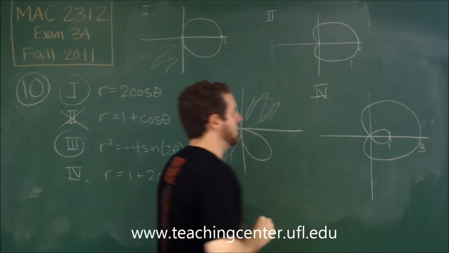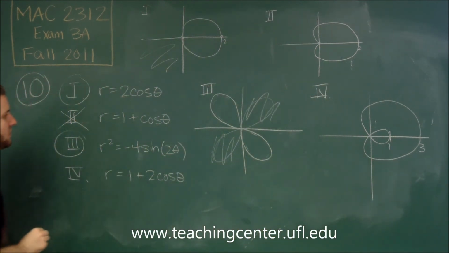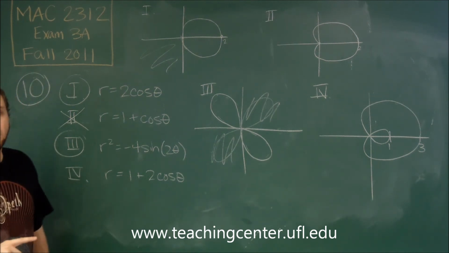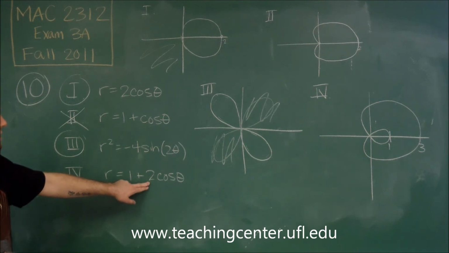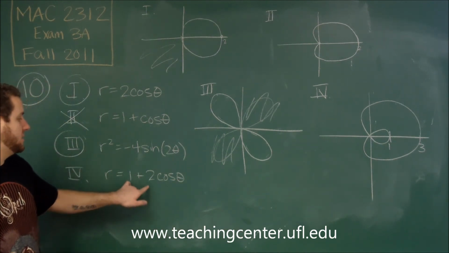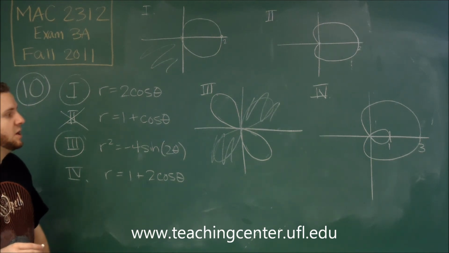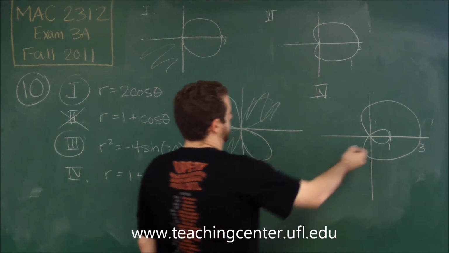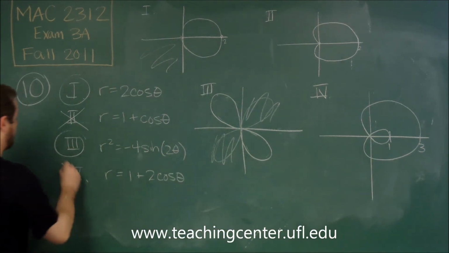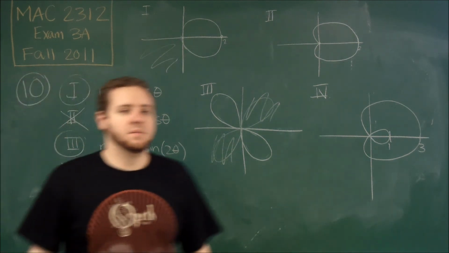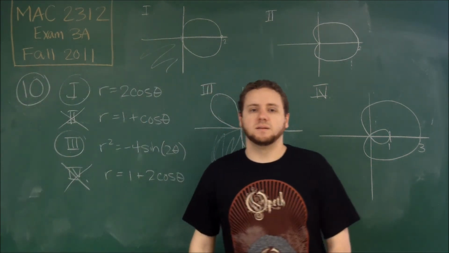And that's going to be at 1 there. So pretty similar to the one above, except now that the coefficient on the cosine is bigger, that creates a loop. And remember, the loop size is always the difference between those two numbers. So does this graph intersect the third quadrant? Definitely, it's got this little part here. So this one doesn't work. So we only had numbers 1 and 3 that did not intersect the third quadrant.